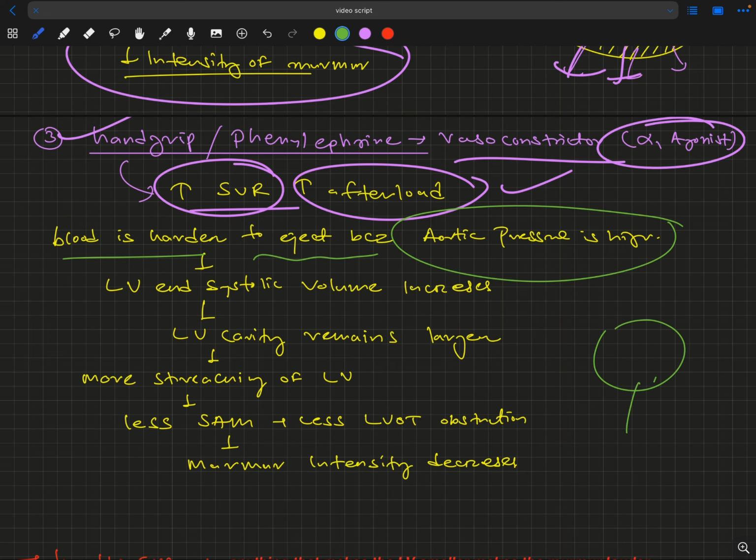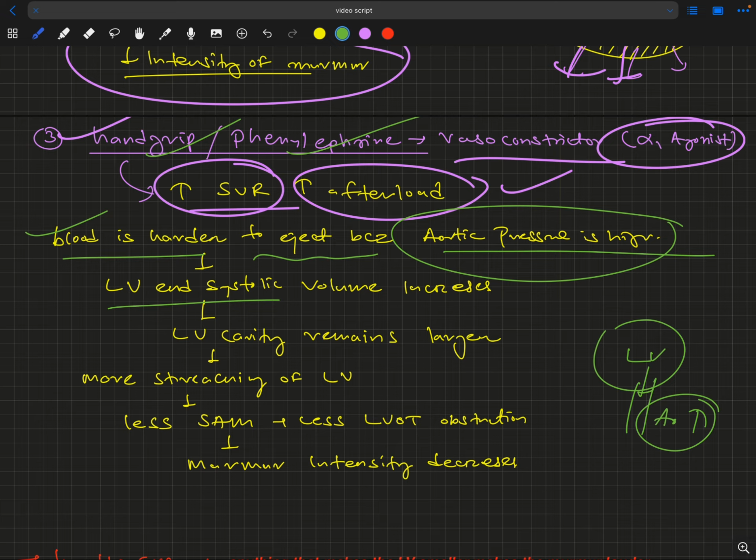The left ventricle is connected to the aorta. When we are giving a vasoconstrictor like phenylephrine or doing hand grip exercises, that will lead to an increase in systemic vascular resistance. So aortic pressure will rise. When aortic pressure is rising, it will be difficult for the left ventricle to pump blood into the aorta. So blood is harder to eject because aortic pressure is high.